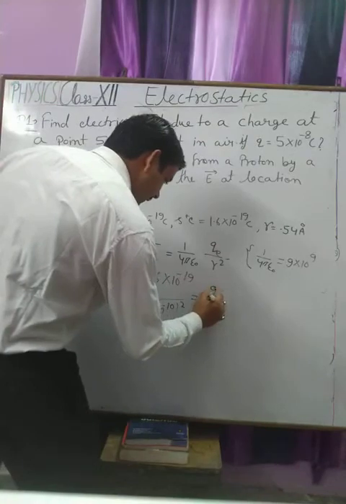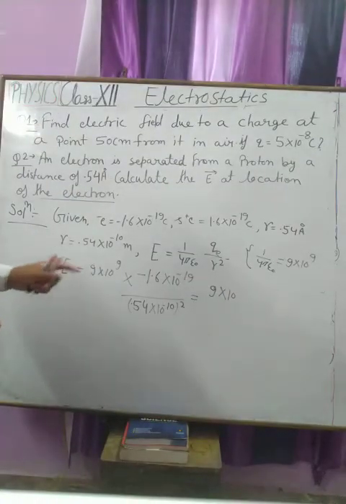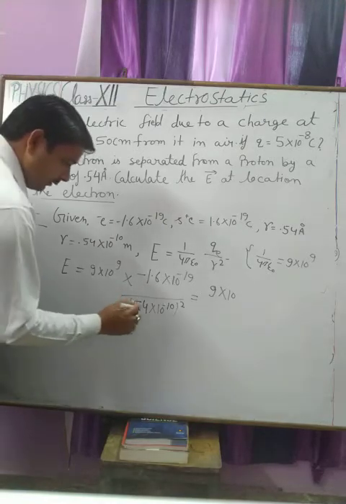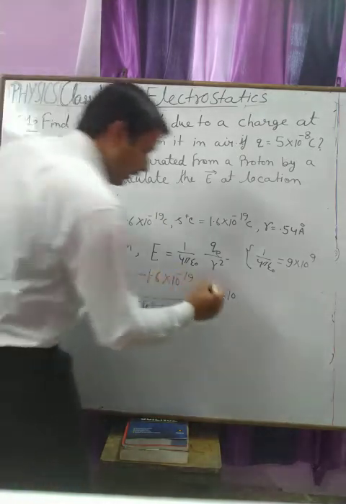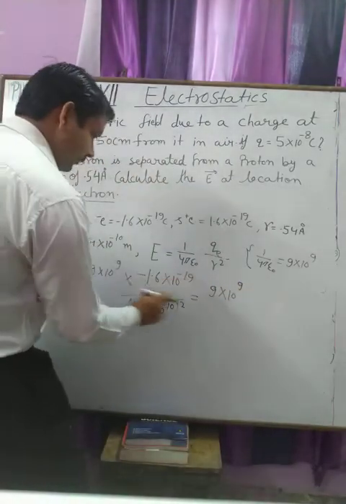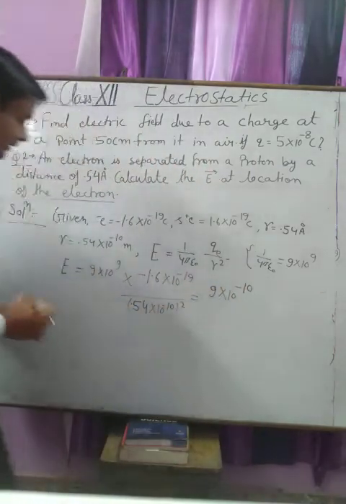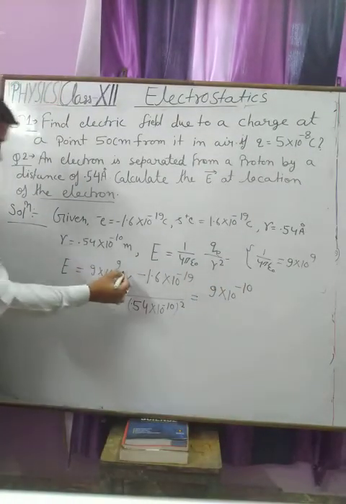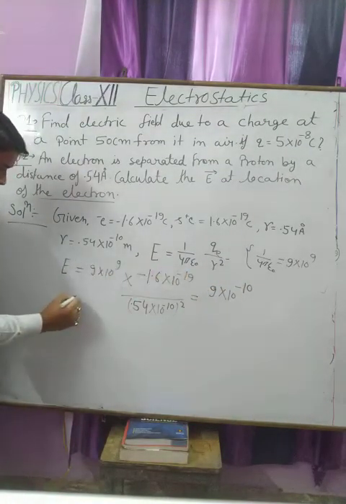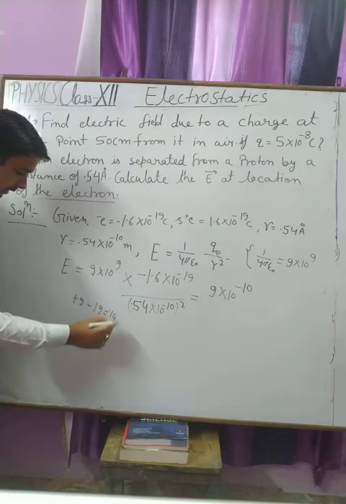So now we are solving this value, that is 9 into 10 to the power, we are using here student, okay, 10 to the power 9, and when we are adding plus 9 minus 19, we get the result minus 10.